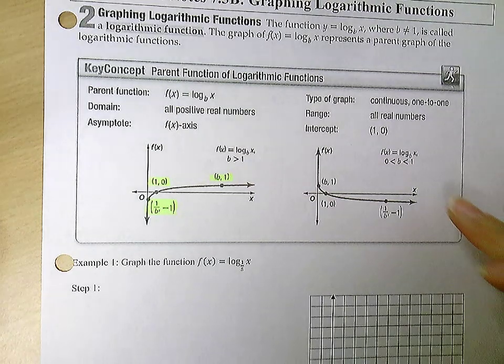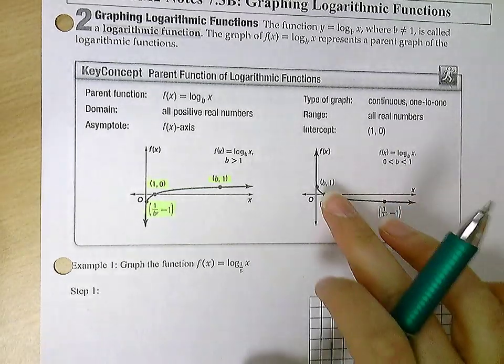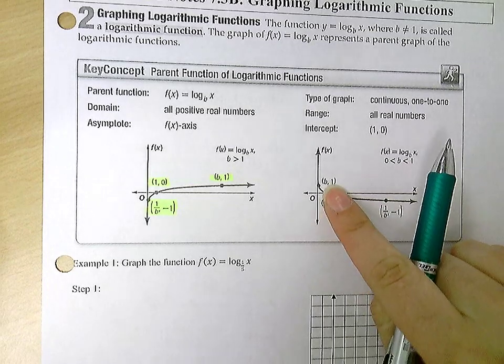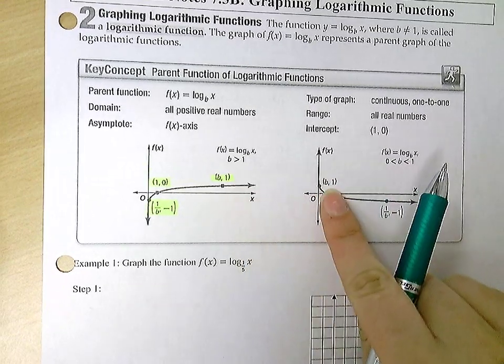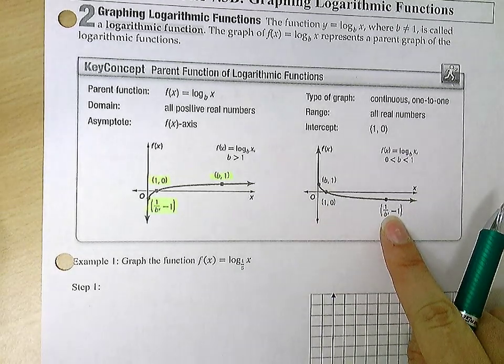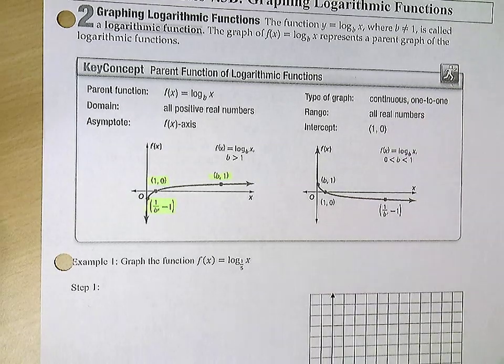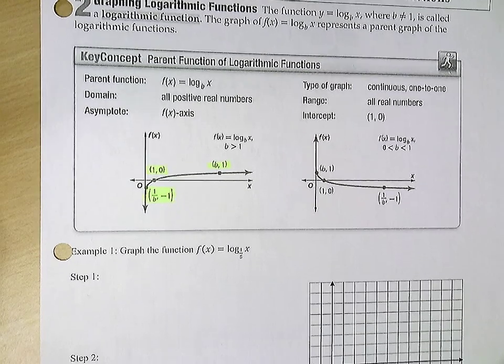If b is a fraction, then it's just the opposite. We still use b, comma 1; 1, 0; and 1 over b, negative 1, but your graph is just reflected over the x-axis instead. And you still have an asymptote at the y-axis. So this is what our logarithmic graph looks like.